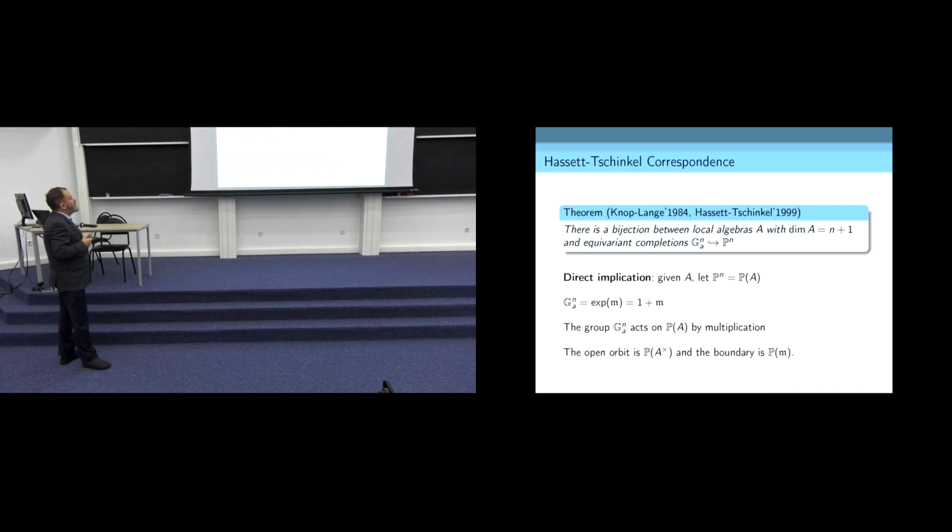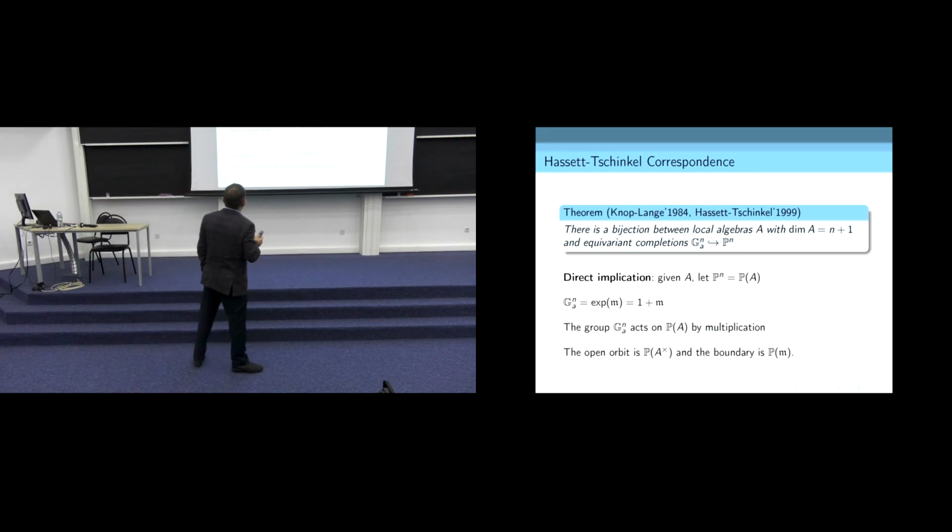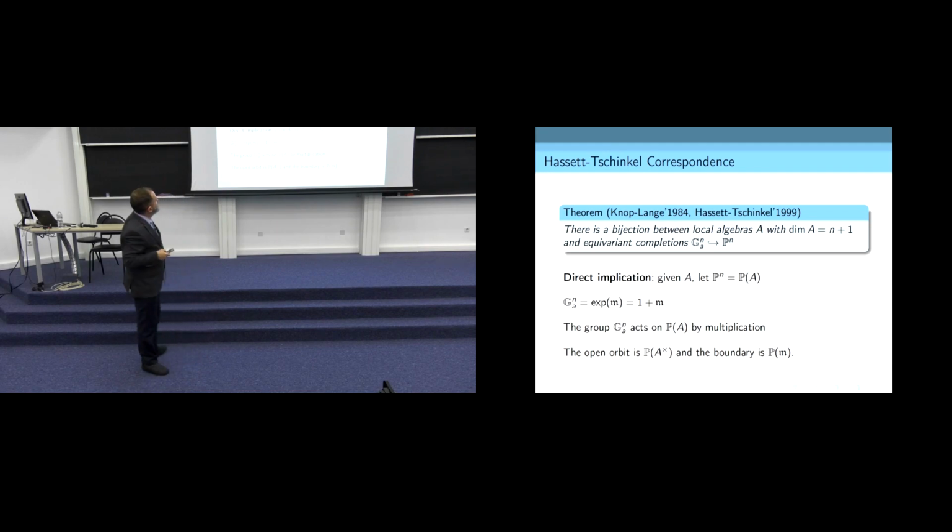And now the theorem, which we call the Hassett-Tschinkel correspondence, but which appeared independently in two papers, Knop and Lange, and Hassett and Tschinkel, at different times. In fact, both Knop and Lange and Hassett and Tschinkel proved more general statements, and this is precisely the intersection of their statements. Because Knop and Lange consider not necessarily local algebras.